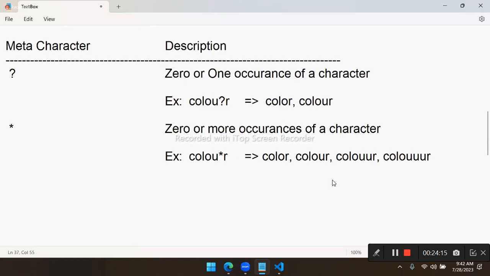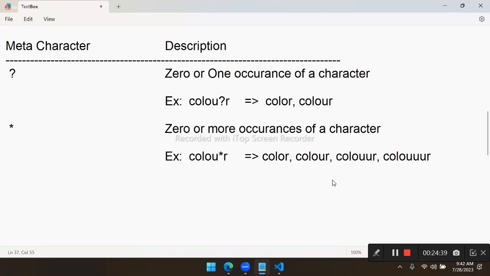Any number of U occurrences can be there. This spelling is not correct; I am just explaining the purpose of that character. Later we will put it in examples. How to write in different examples, I will explain that. For that we need to learn some pattern designing. First we need to know the purpose of the characters.